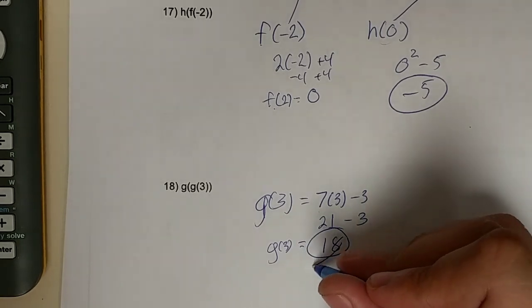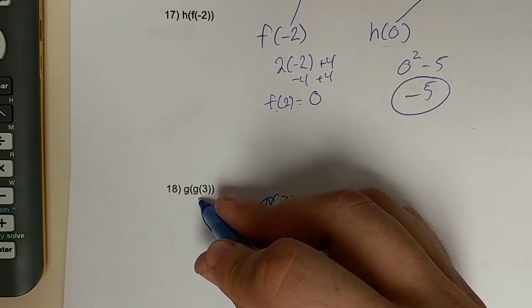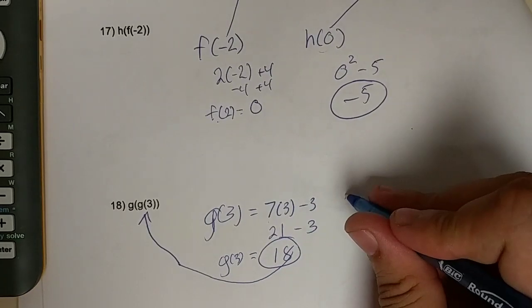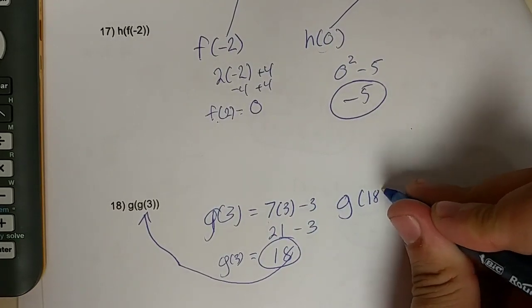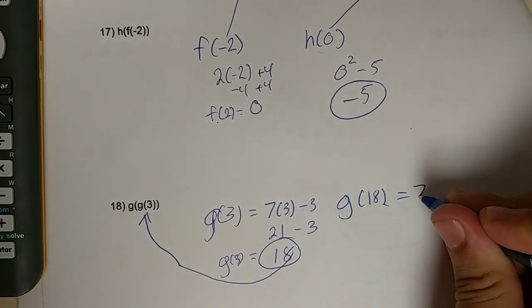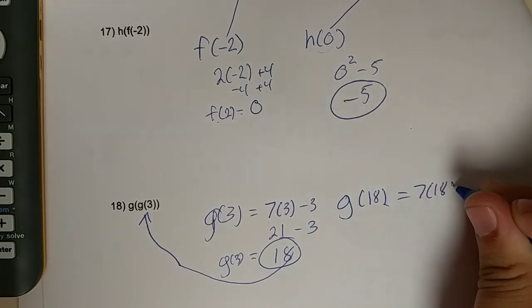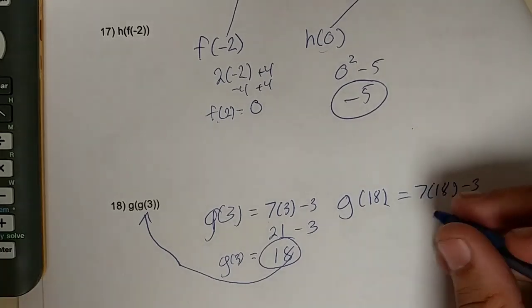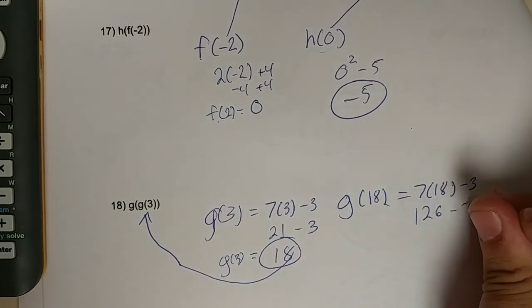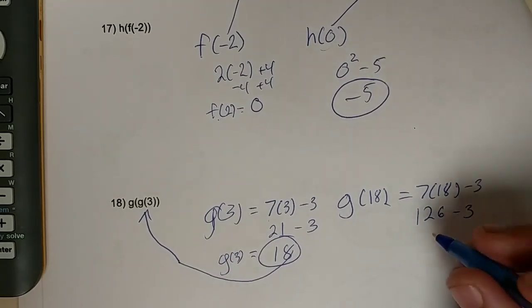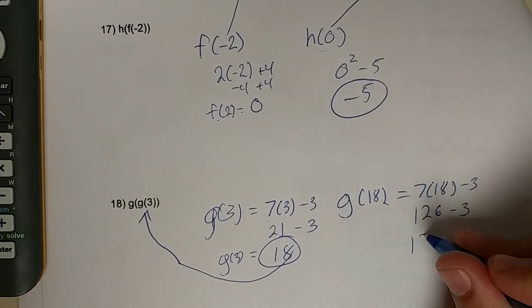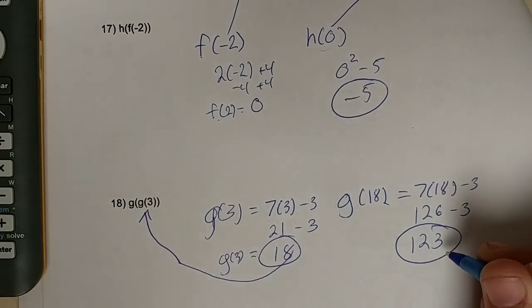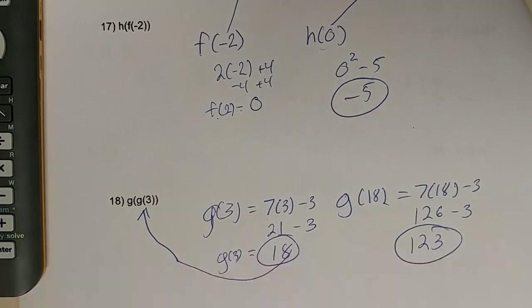Now I'm going to take that 18 and plug it in for g of 3. And now g of 18 equals 7 times 18 minus 3. 7 times 18 equals 126 minus 3. 126 minus 3 is 123. So your final answer is 123 on that one.